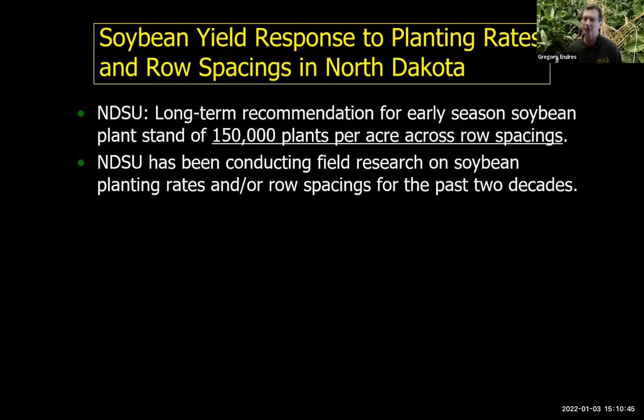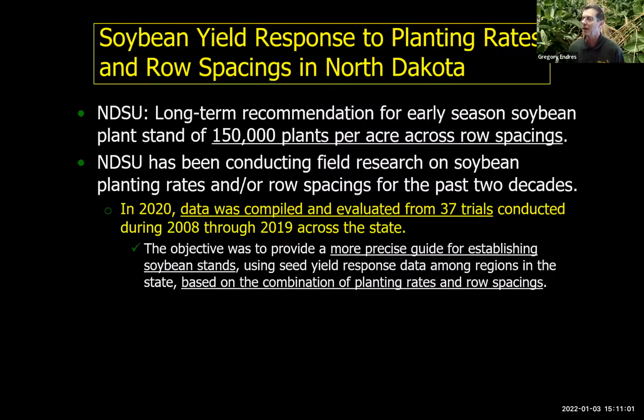NDSU has been doing work with this combination of factors, sometimes alone, sometimes in combination, for over 2 decades. It actually started in the late 1990s. We've compiled a tremendous amount of data, and we thought it'd be very important to see if we can have a more precise guide for establishing your soybean stands.